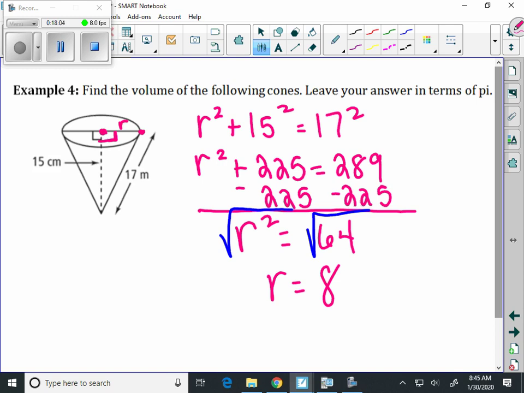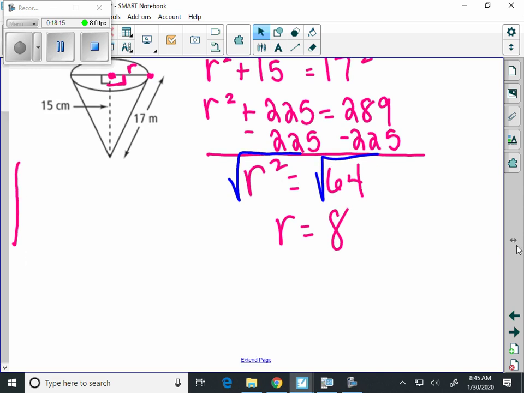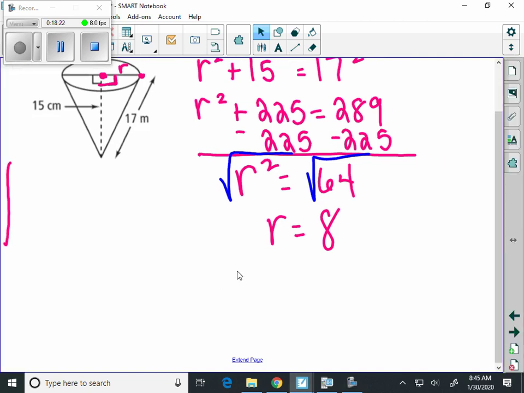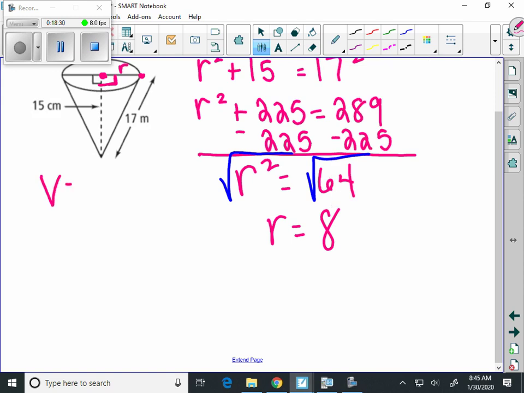And once we know the radius, then we go back, because ultimately what we're trying to figure out is the volume of this one. So to figure out the volume, we're going to use our formula that's provided for us, but it's 1/3 times the area, oh, I keep doing that, area of the base times the height.